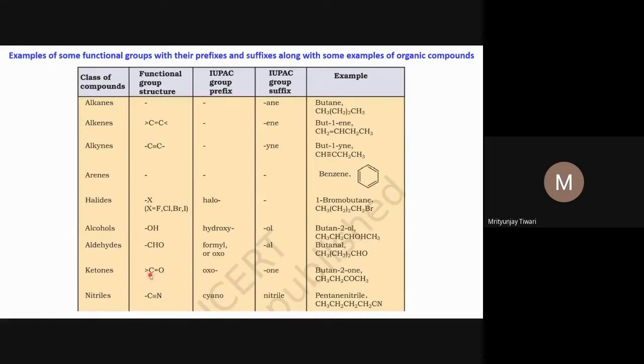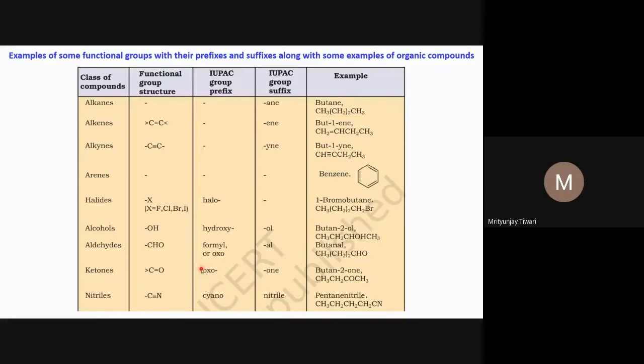Now the ketone, C double bond O, if it is a subsidiary functional group, we write it as a prefix. The IUPAC group prefix for the C double bond O group for ketones is oxo. This double bond O is called the oxo group, and the carbon is part of the numbering because it is inside the chain, so it will always be part of the numbering.